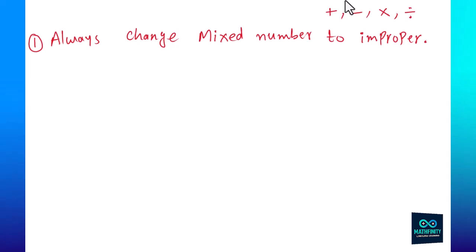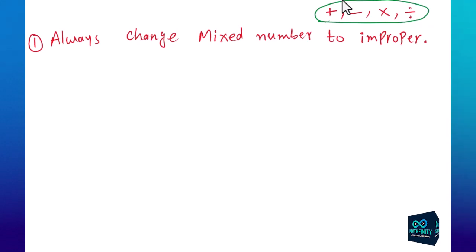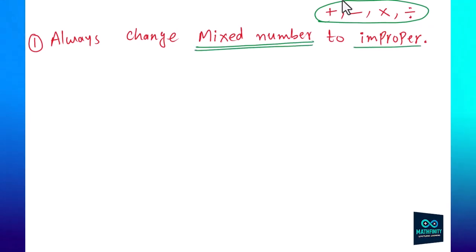Okay, this rule you have to keep in your mind. Whatever the operation they give you, either addition, subtraction, multiplication, or division, before starting to solve the question related to fractions, this is the important thing. If you see any mixed number, we have to change the mixed number into improper.